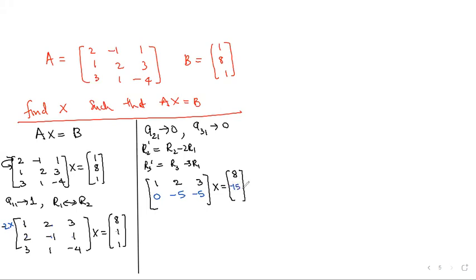Did you understand my method? Whatever I have to multiply, I'll just write it over here. Then start from here. 2 minus 2. Minus 1 minus 4. 1 minus 6. Like that. Now what is the next number?